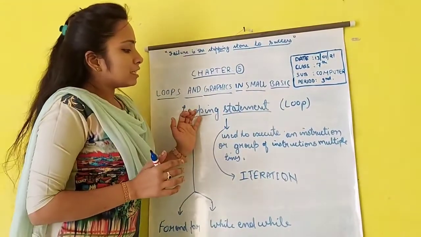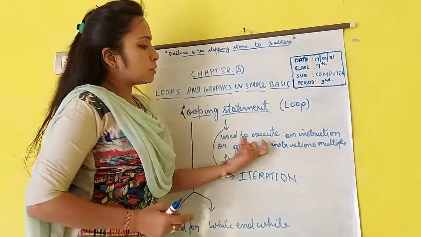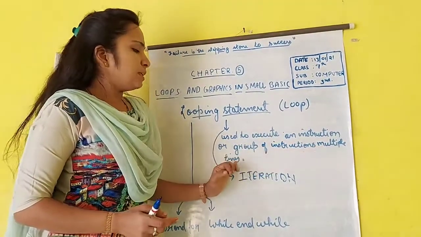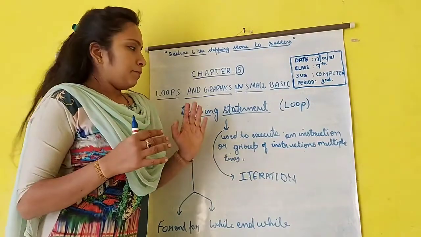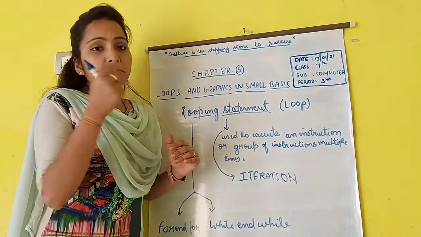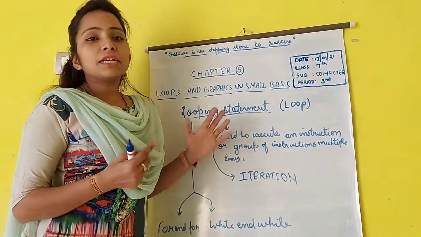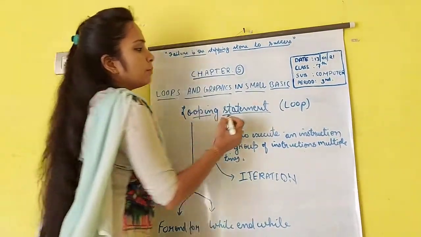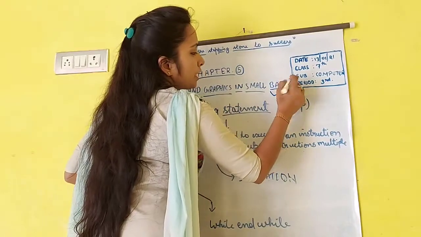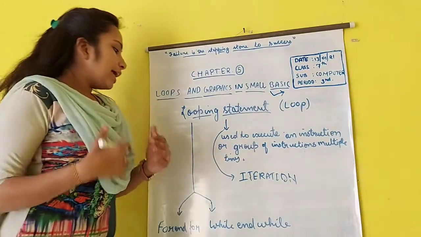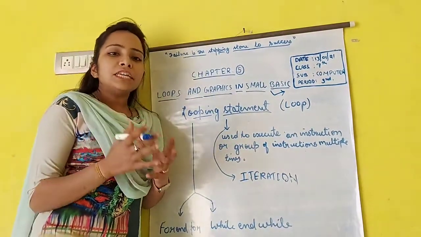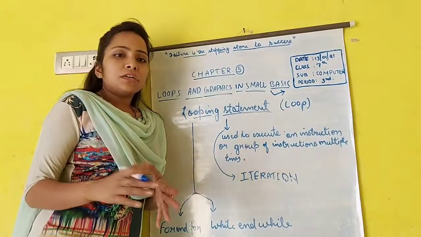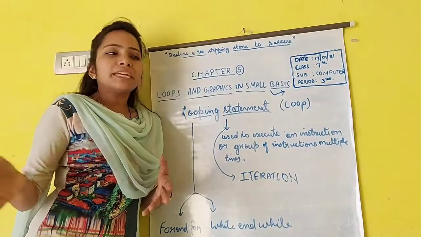Students, a loop is something which is used to execute an instruction or a group of instructions multiple times. When we studied statements, we studied assignment statements and conditional statements, and we also came to know that in Small Basic we can avoid repetition and make the same sentence or word repeat several times automatically.